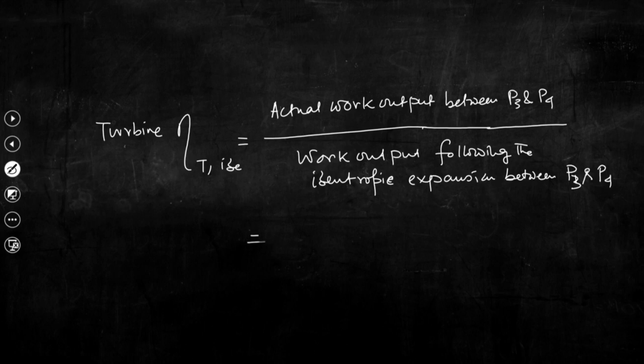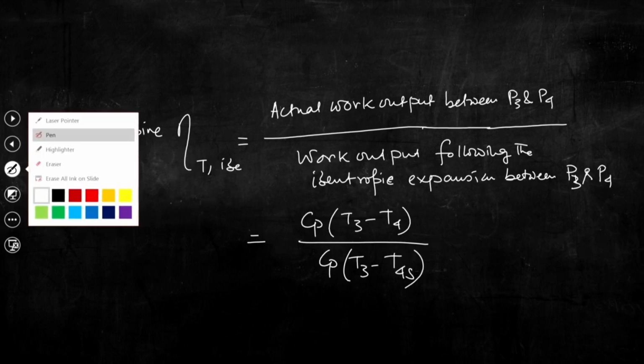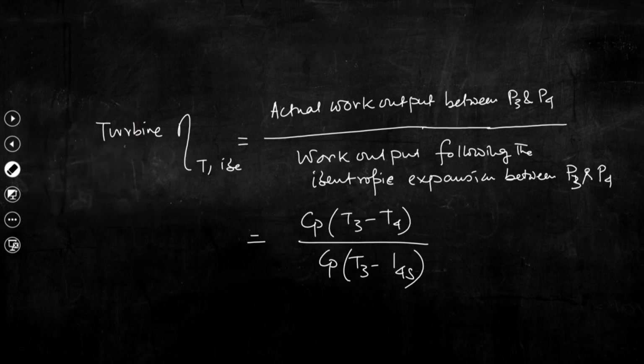This is essentially Cp times (T3 minus T4) divided by Cp times (T3 minus T4s). This is the mathematical expression of the isentropic efficiency of the turbine. So we could write the isentropic efficiency of both compressor and turbine.